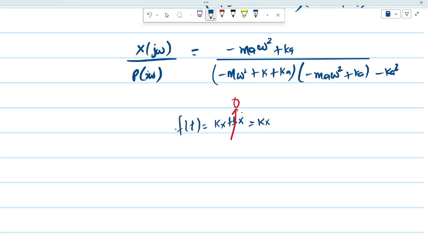Now the amplitude of this transmitted force, we can write it as F of t equals K into X iota omega.